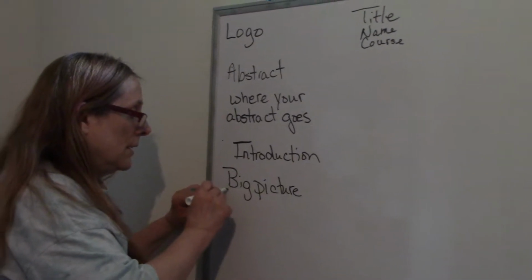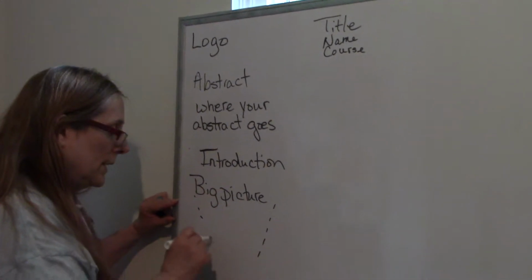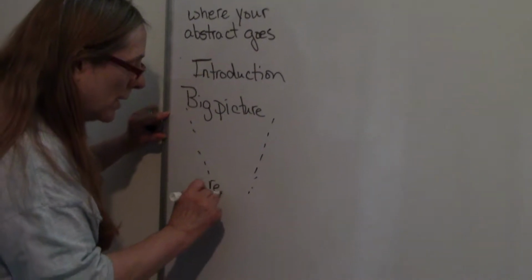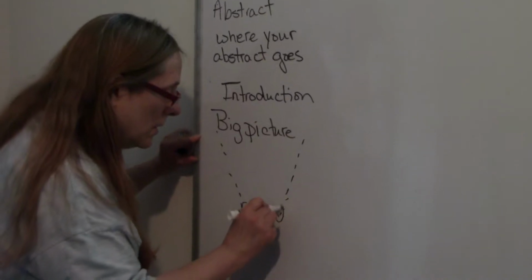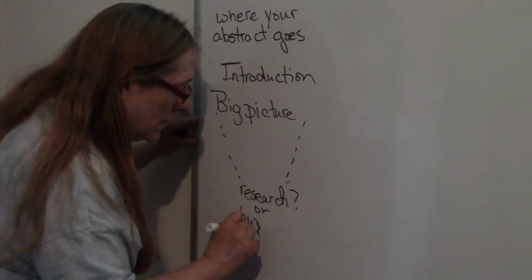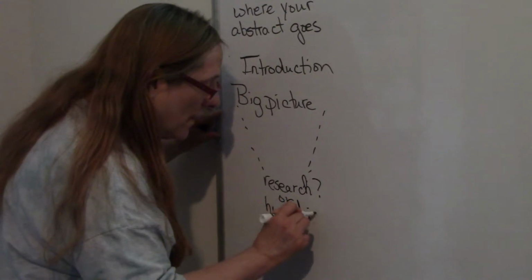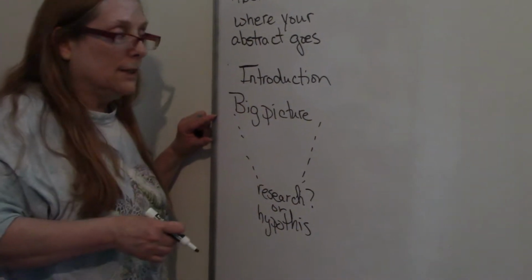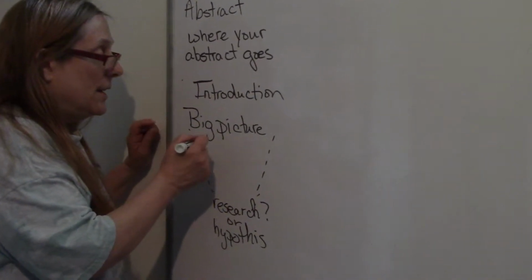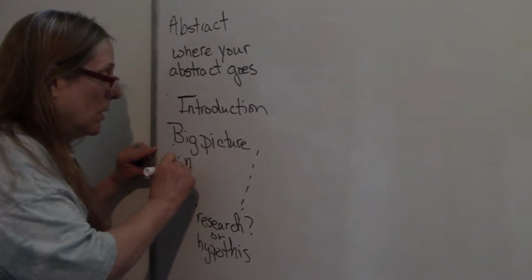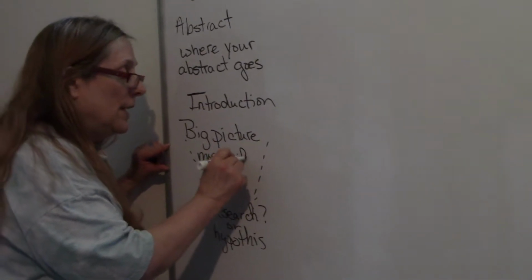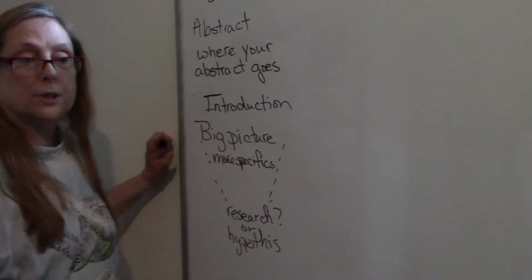And then what you're doing is narrowing this down to your research question or hypothesis. So how do we get there? We get there by first having that paragraph on the big picture, and then more specifics, like maybe that factor and some past research that's been done on that.